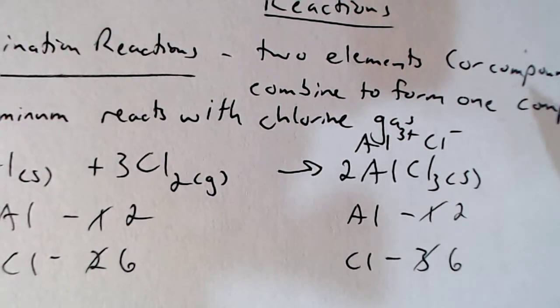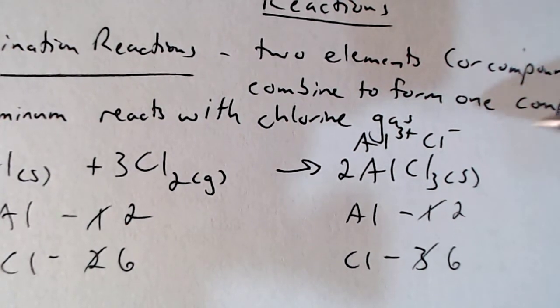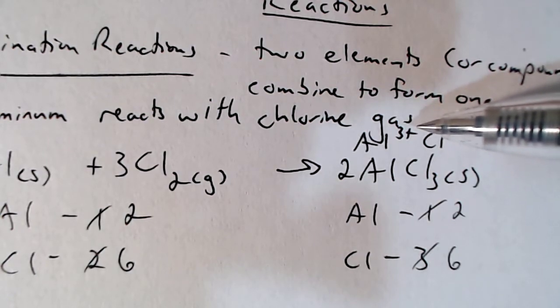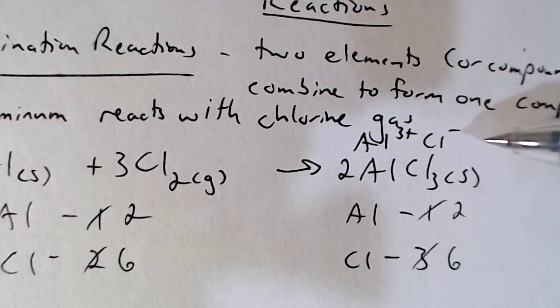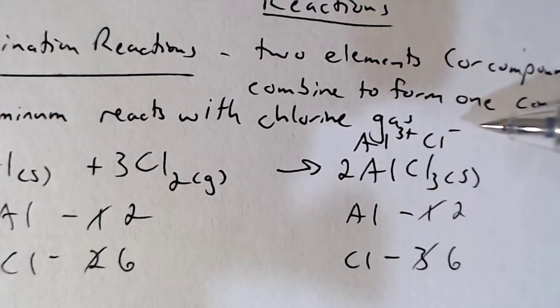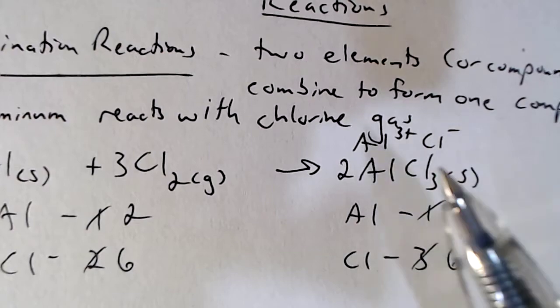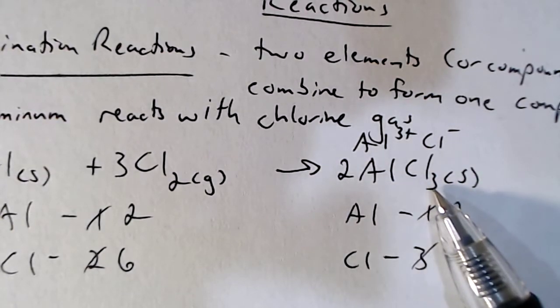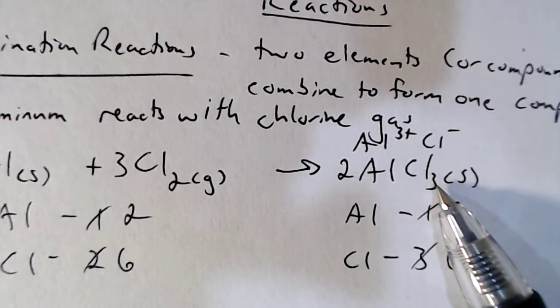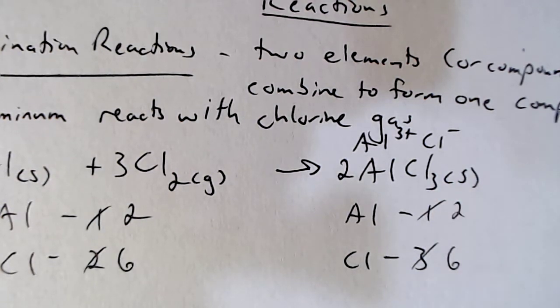Now aluminum has a 3+ charge if it has a charge, and chlorine, when it becomes chloride, gets a -1 charge. So in order to balance the 3+, you need 3 -1 chlorides. So crisscross, it's AlCl3.